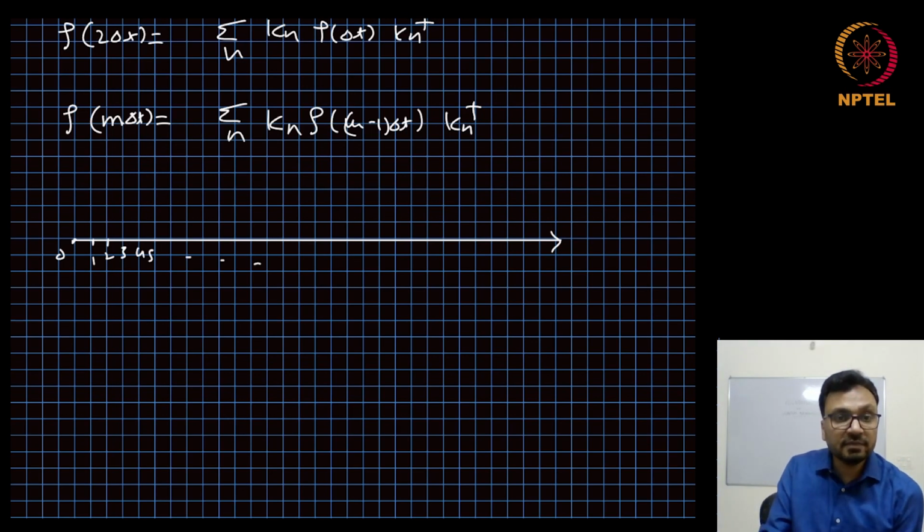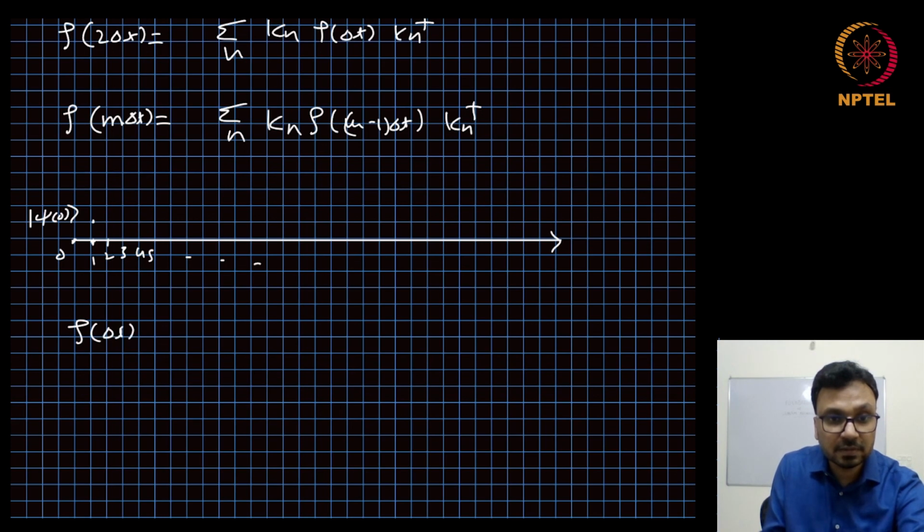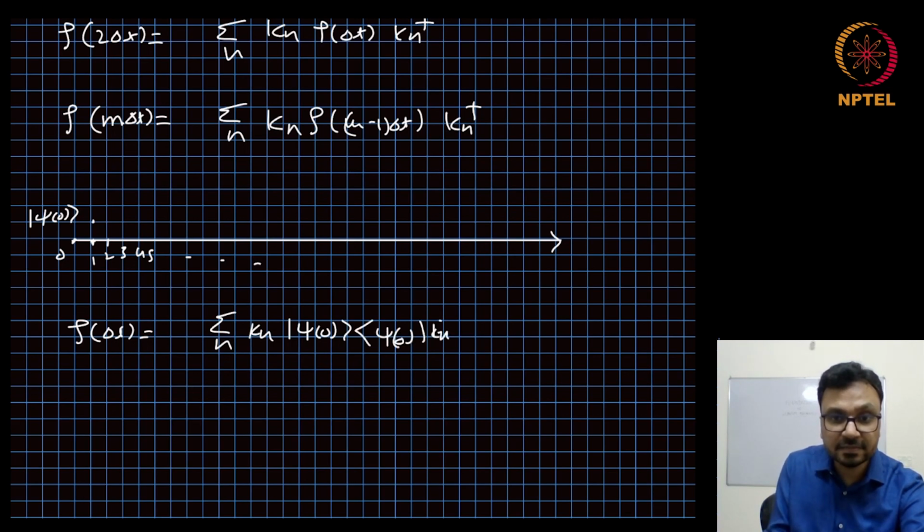Now, in the beginning our state was psi of 0, and at time step 1 our state will be rho 1, sum over n, Kn psi of 0 psi of 0 Kn dagger.